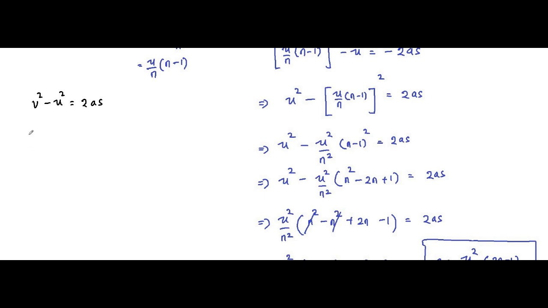So here final velocity is 0 square minus u by n into n minus 1, which is the new initial velocity in this case, then negative acceleration, that's why minus 2a. Here the distance which it is covering is x.